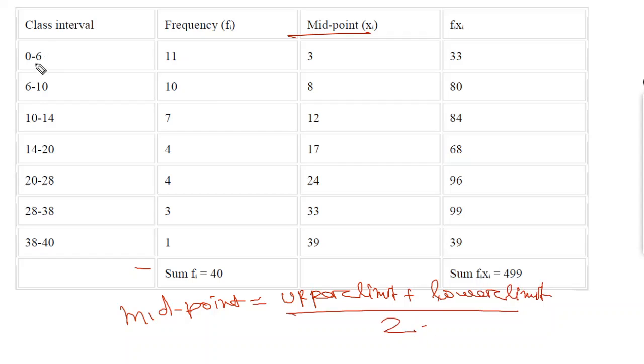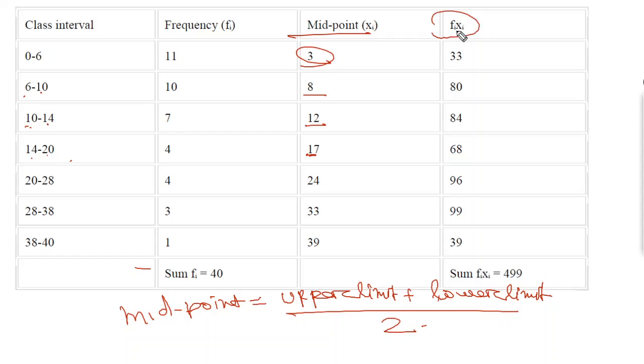So 0 plus 6 divided by 2, 3. 6 plus 10 divided by 2, 8. 10 plus 14 divided by 2, 12. Please do all this calculation in your rough. 14 plus 20 divided by 2, 17, and so on.